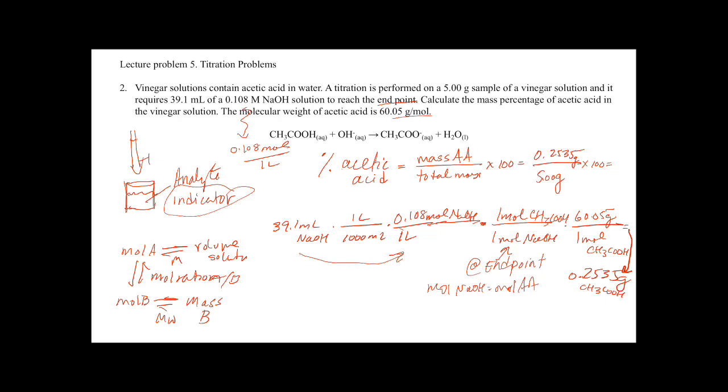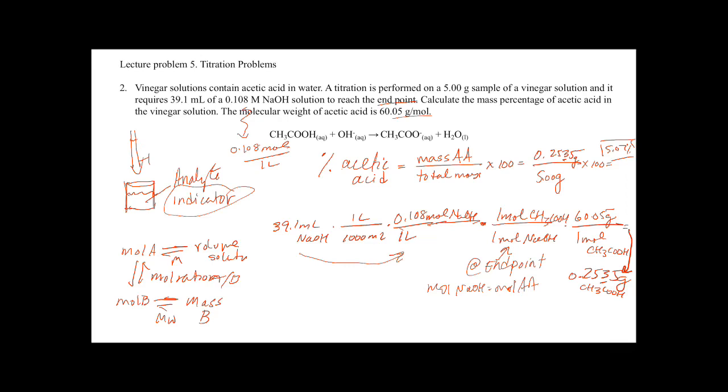When you divide 0.2535, keeping in mind that our significant figures are going to be 3, we get a final percent of 5.07%. So that should be our final answer, 5.07%, which actually makes sense because vinegar is a 5% solution of acetic acid in water. That's the stuff that you buy in the supermarket.